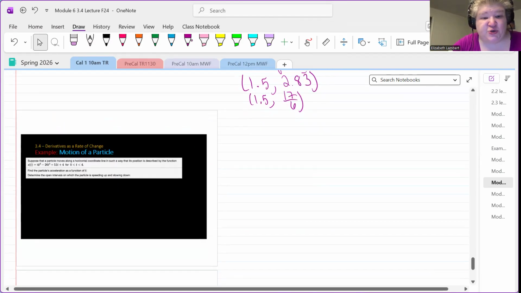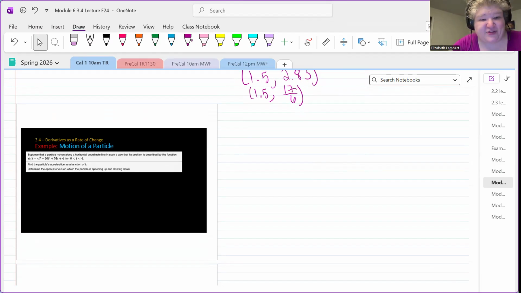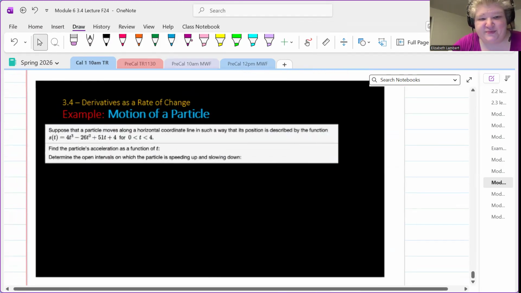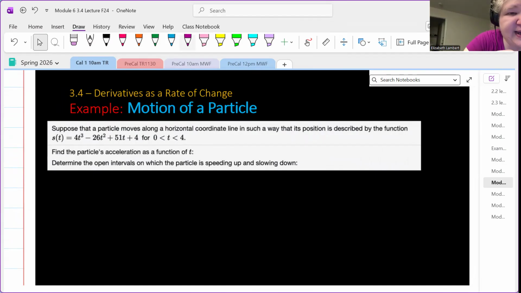Now we're going to do that whole same process for the acceleration, and then we're going to combine the information together to answer about speeding up and slowing down. So same function, 4t cubed minus 26t squared plus 51t plus 4. Now let me rewrite the velocity function.